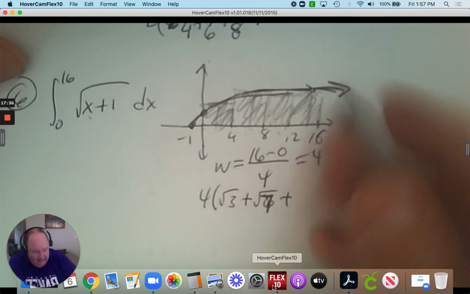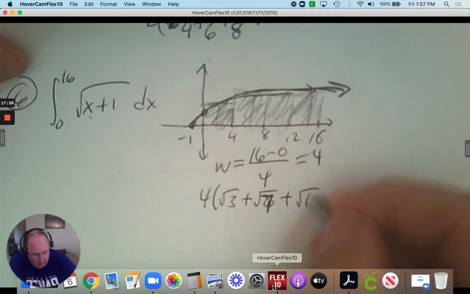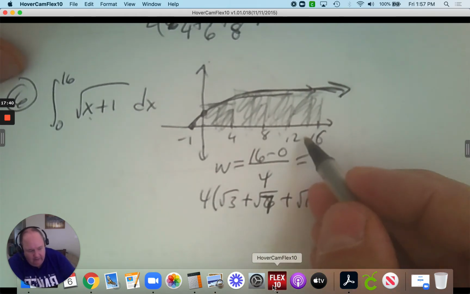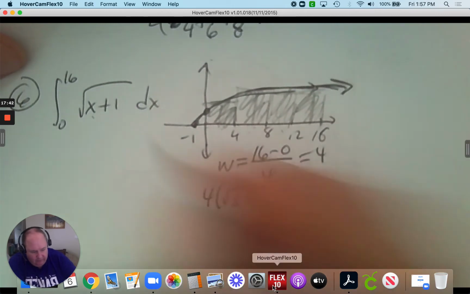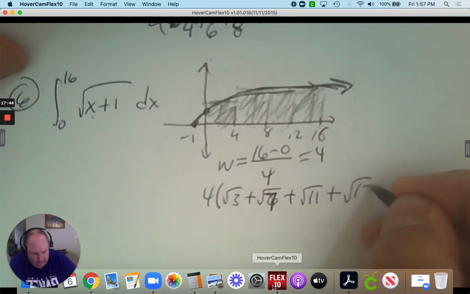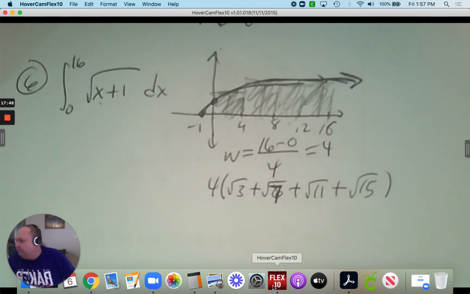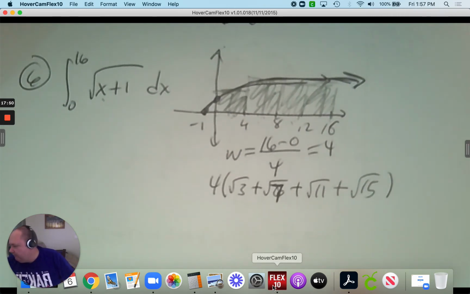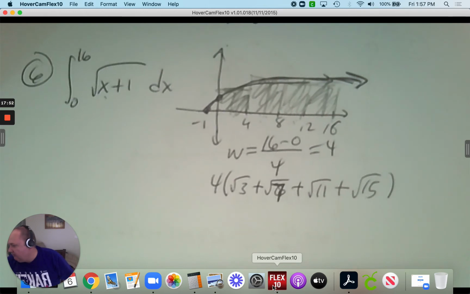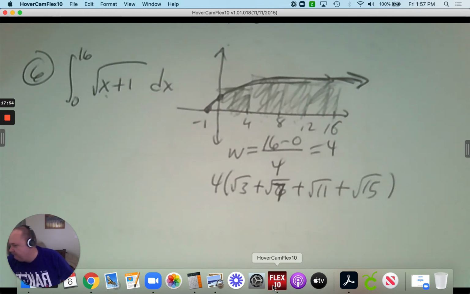Plug in 10, square root of 11. And then plug in 14, square root of 15. Done. Obviously, don't simplify it. It's done.